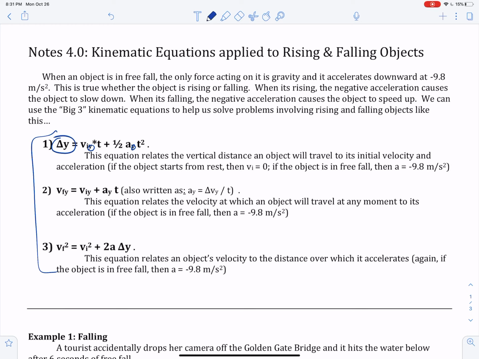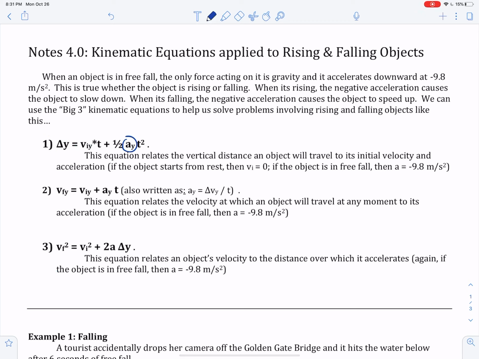So here at equation 1, it says, this equation relates the vertical distance an object will travel to its initial velocity and acceleration. If the object starts from rest, then the initial velocity is 0. If the object is in free fall, then a equals negative 9.8 meters per second squared. So we're going to see that's true for freely falling objects.